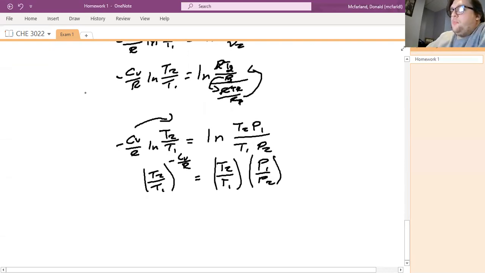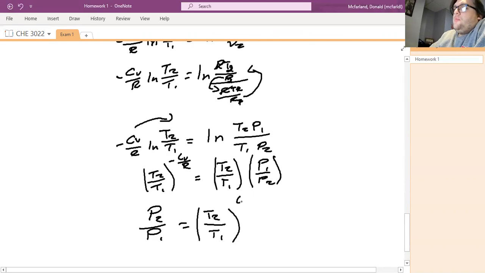So this will become P2 over P1, because we're going to move pressure to this side. And it's going to be T2 over T1 to the CV over R plus 1. Now I'm just going to save us some time later and make this CP over R. CP is just the specific heat at constant pressure.